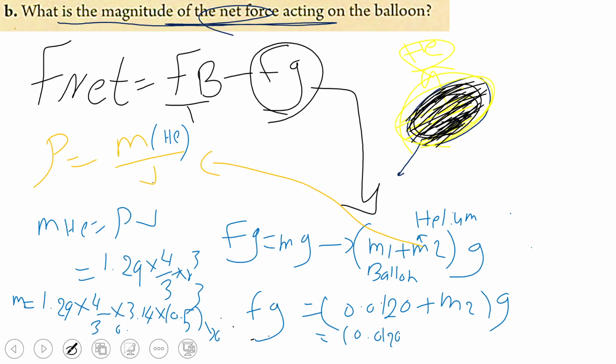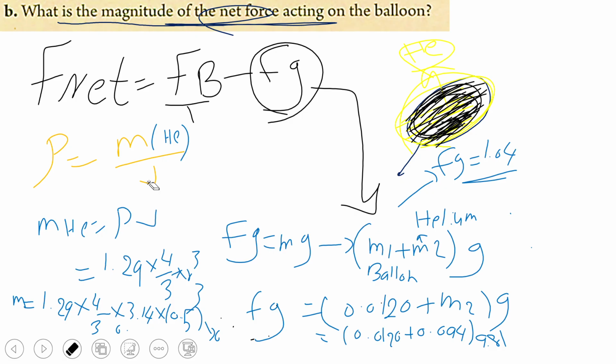So bring down this again, plus 0.094. We found it now, and at the end, when you add it, do not forget to multiply by the acceleration. So the last answer of Fg becomes 1.04.